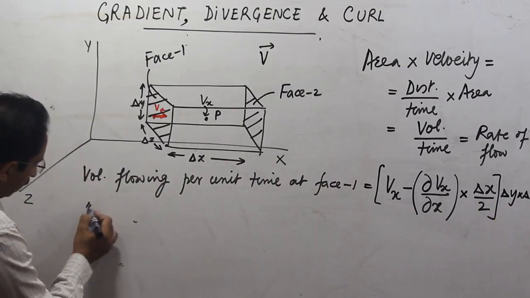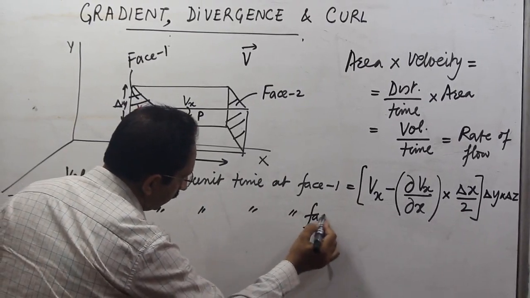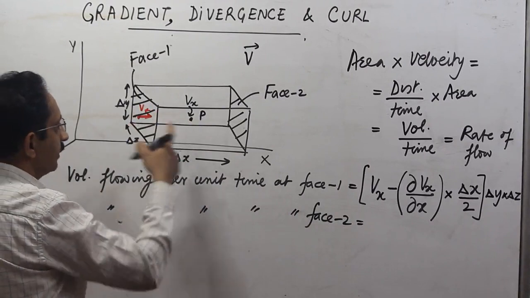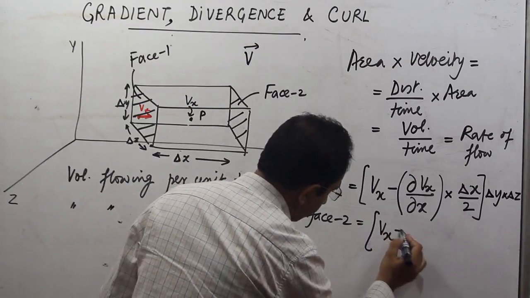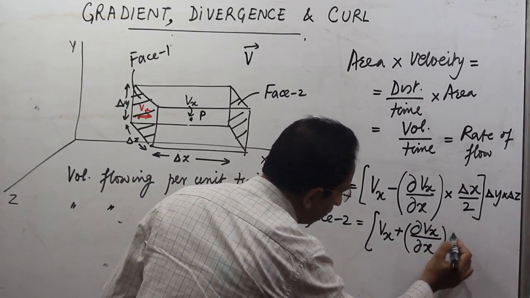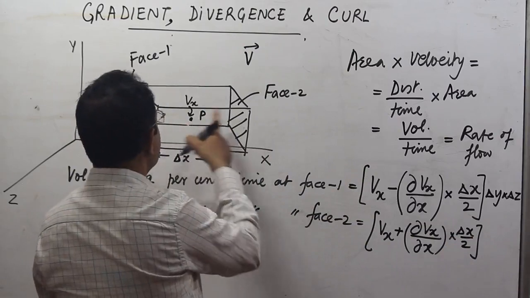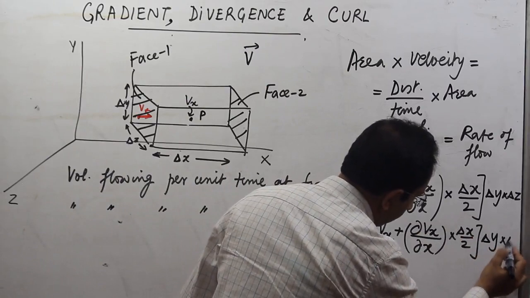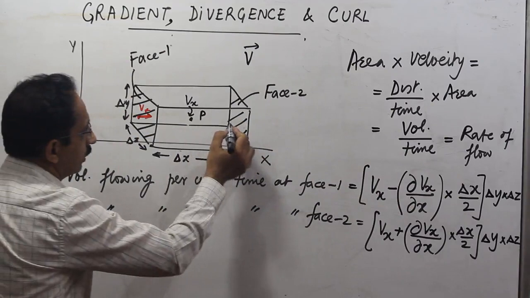I can also find volume flowing out per unit time at face 2. Now look, if here the velocity is Vx minus something, then on this side the velocity will change and become Vx plus the rate of change of Vx with respect to x multiplied by the distance traveled from center P to face 2, that is delta x by 2, multiplied by delta y delta z, because this face also is perpendicular to the x-axis.